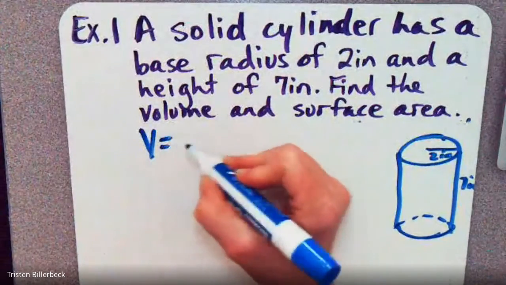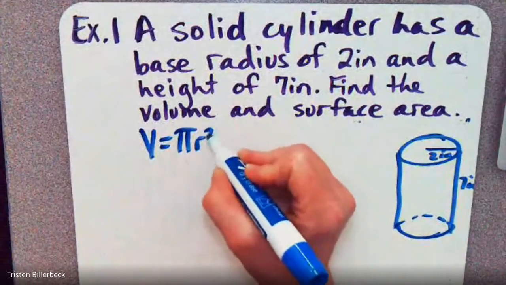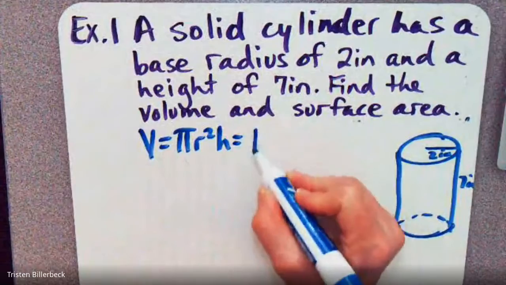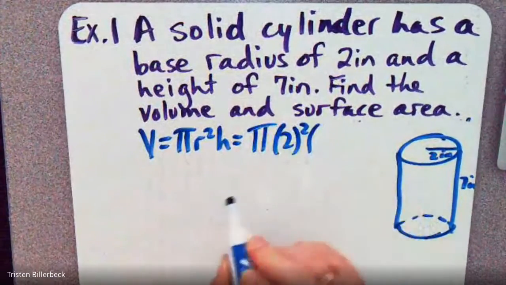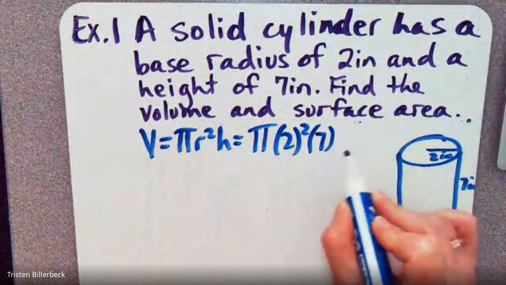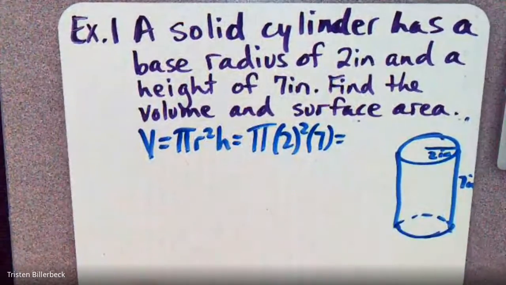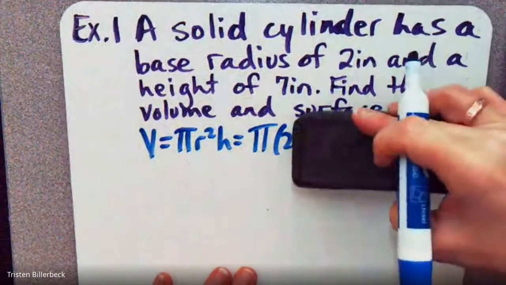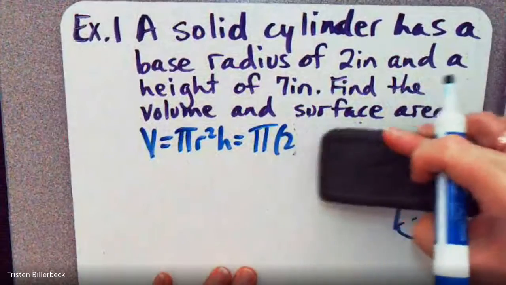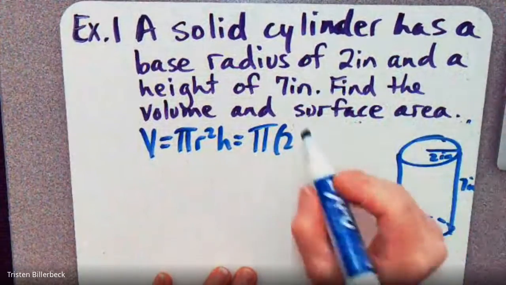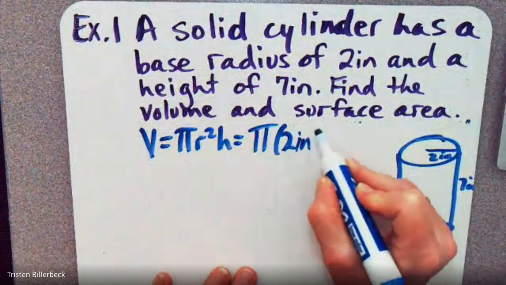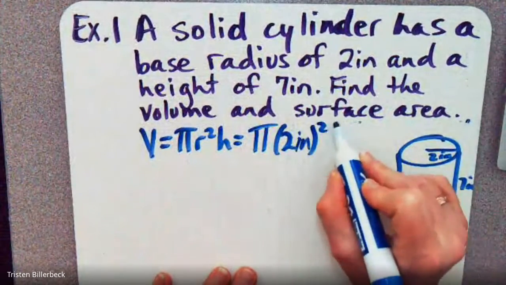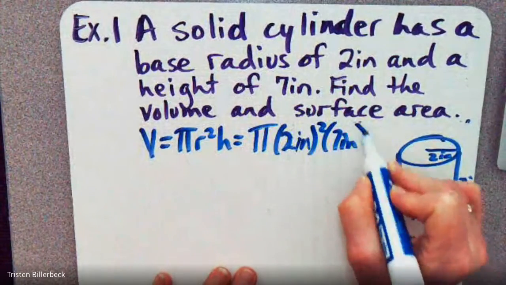The volume is pi r squared h. So we have pi and then 2 squared times 7. Let me include the units: 2 inches squared times 7 inches.